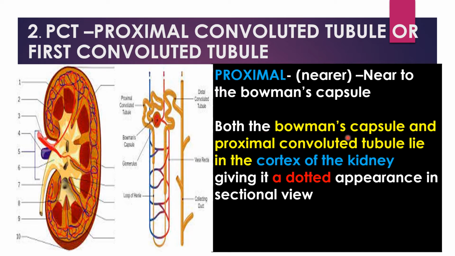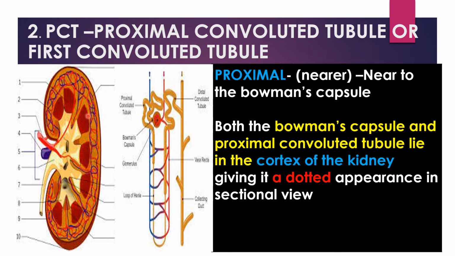Both the Bowman's capsule and proximal convoluted tubule lie in the cortex of the kidney. We already learned that Bowman's capsule lies in the cortex of the kidney. One more important structure, the proximal convoluted tubule, also lies in the cortex region of the kidney.